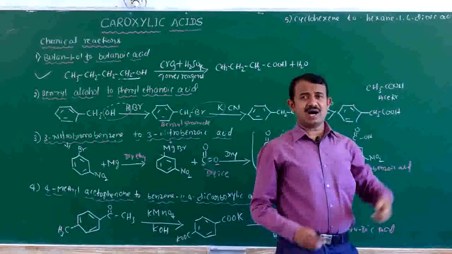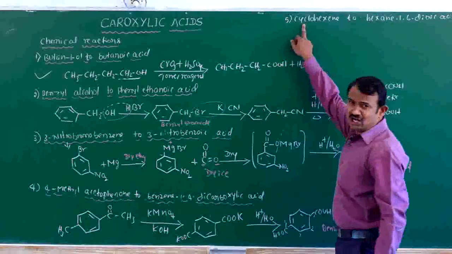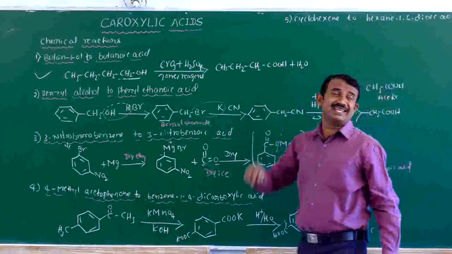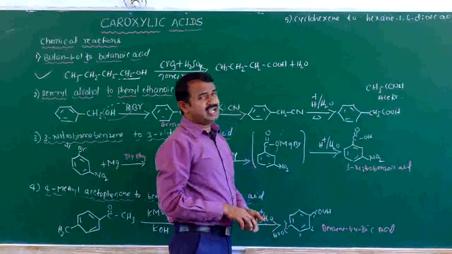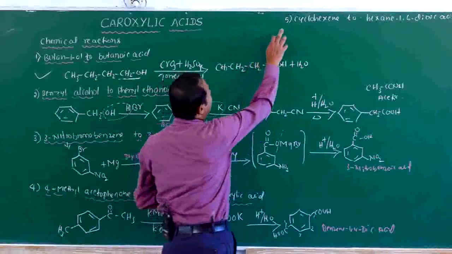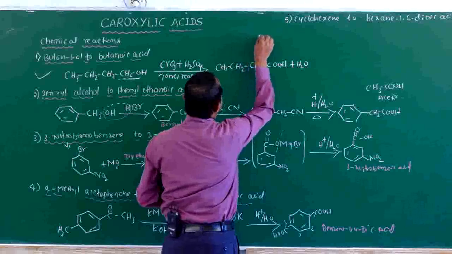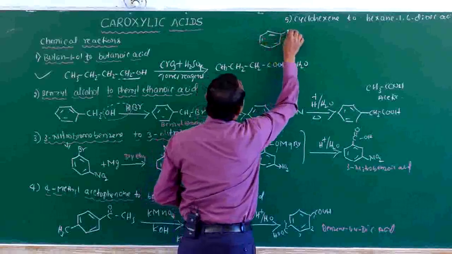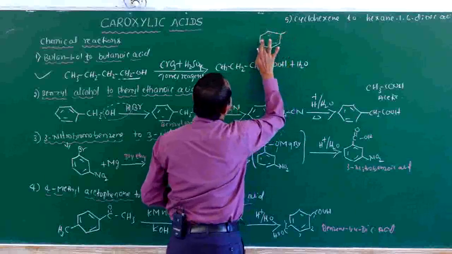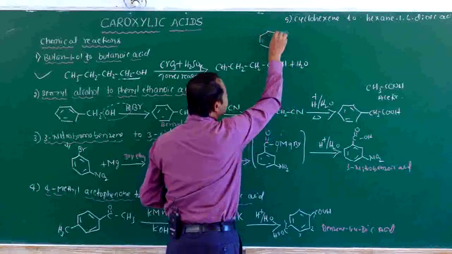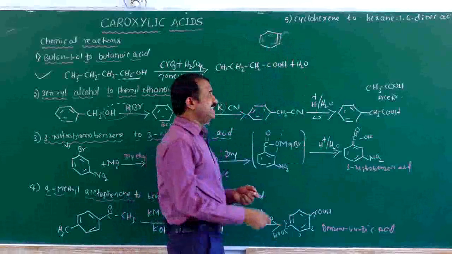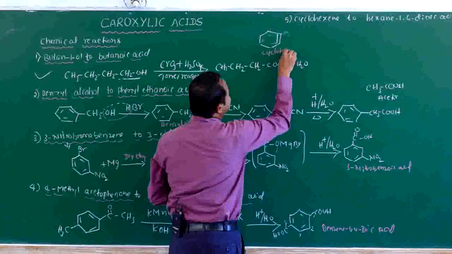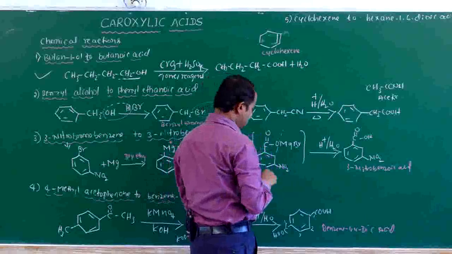Next one, listen here, cyclohexane is converted to hexane-1,6-dioic acid. Cyclohexane formula, cyclohexane means here cyclohexene. This is cyclohexane, this is cyclohexene.